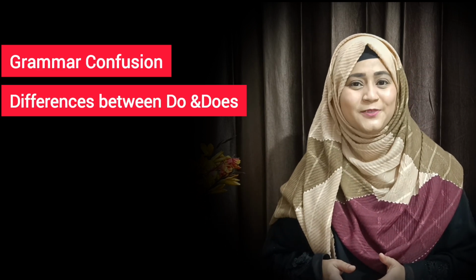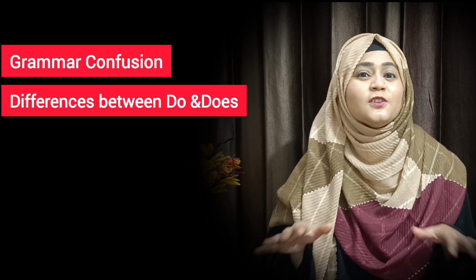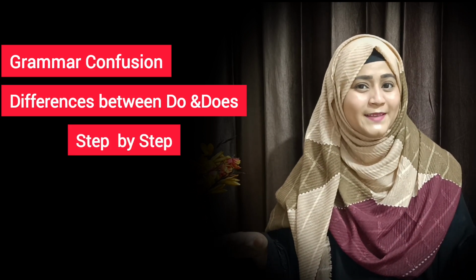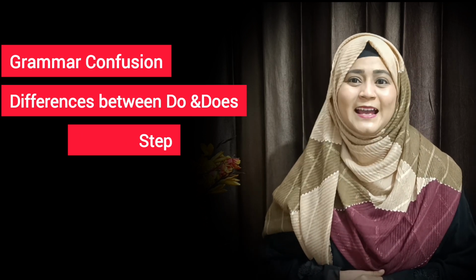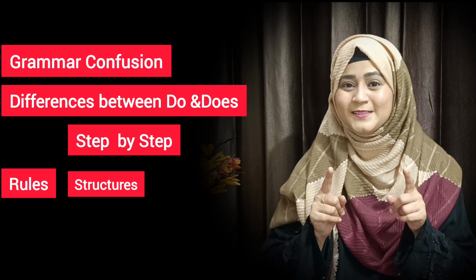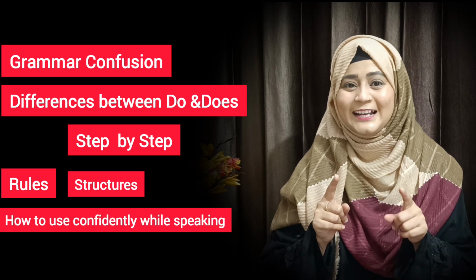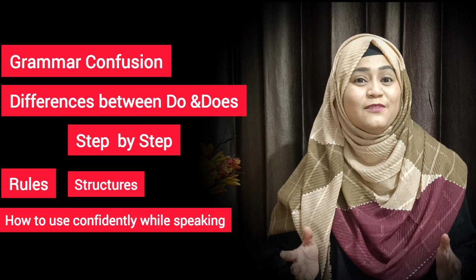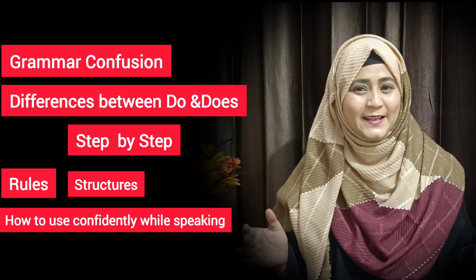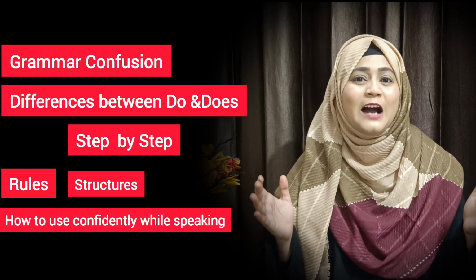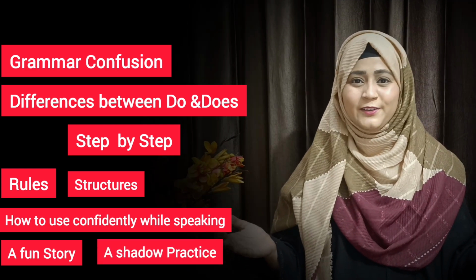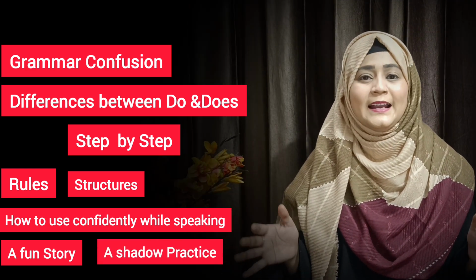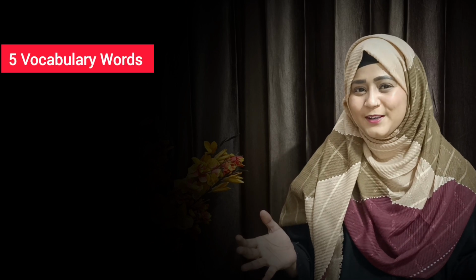So don't worry guys, today we are breaking it all down step by step in a way that finally makes sense. You will not only learn the rules and structures but also how to use them confidently while speaking, and that's not all, because we have got a super simple explanation with real life examples, a fun story to help you remember the rules, a shadow activity to practice like a pro, and at the last, 5 powerful vocabulary words to boost your fluency at the end.